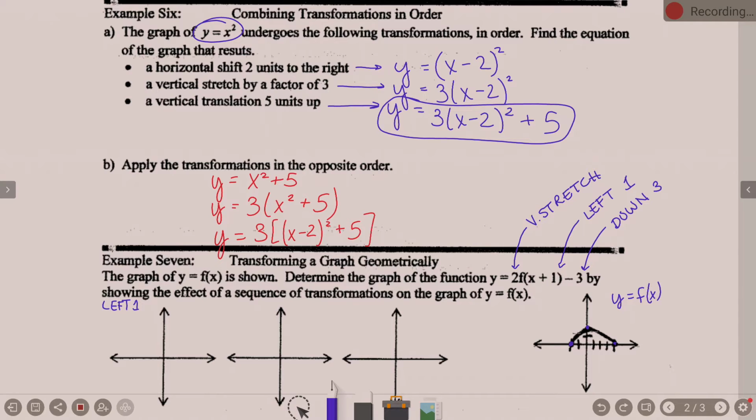If I go left 1, instead of being at negative 2, 0, I'm at negative 3, 0. Instead of being at 0, 2, I'm at negative 1, 2. Instead of being at 4, 0, I'm at 3, 0. Does that make sense what I did there?